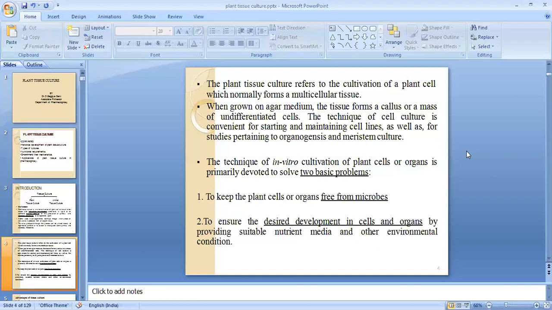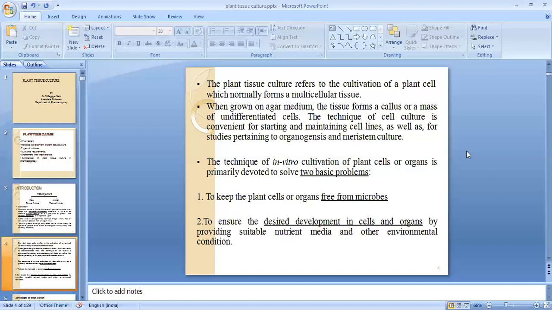The very first thing is the attack by microbes. Why will the microbes attack? Because in the preparation of the nutrient medium, you are using glucose or the carbon source, the nitrogen source, everything, where there is a chance for the growth of microorganisms. So that is why you are doing all the things under aseptic techniques, to keep the microorganisms away from the plant cells.